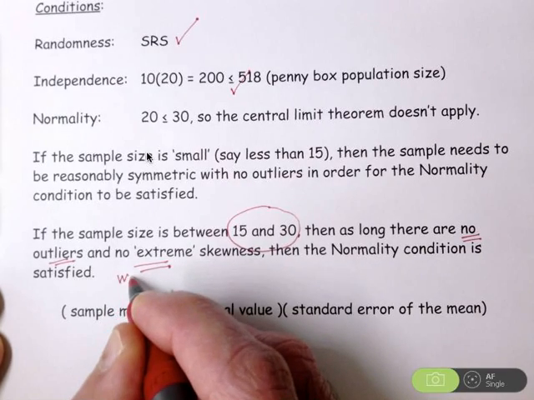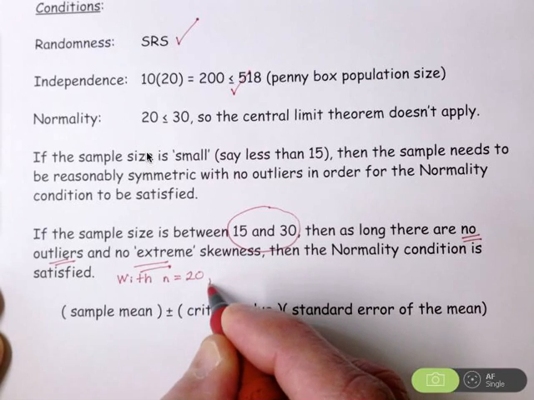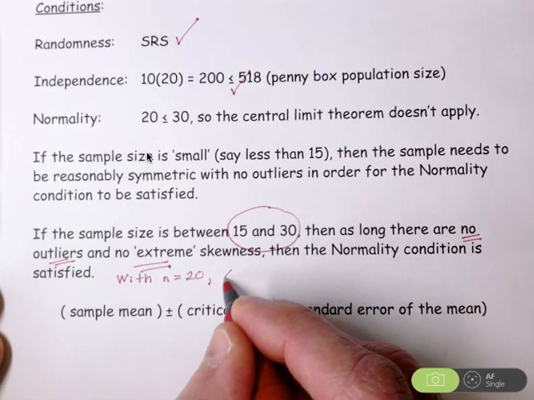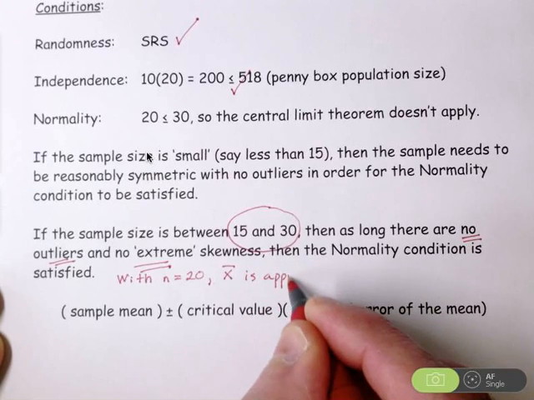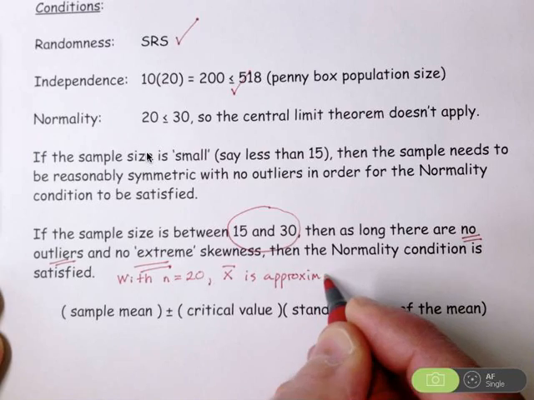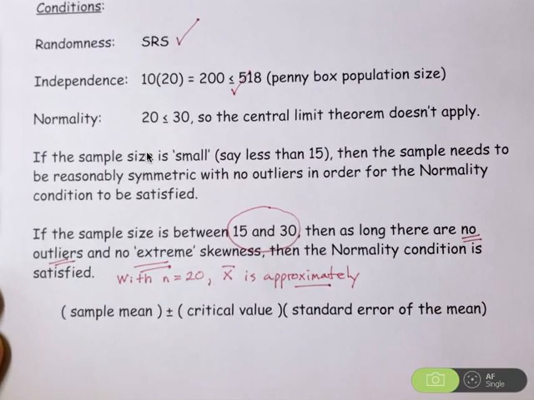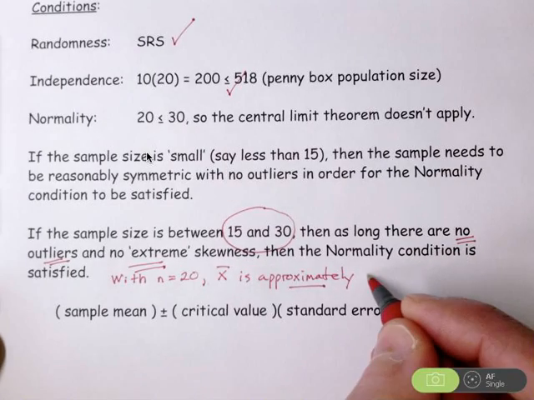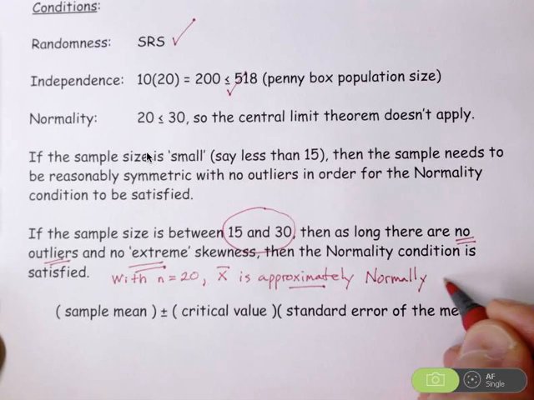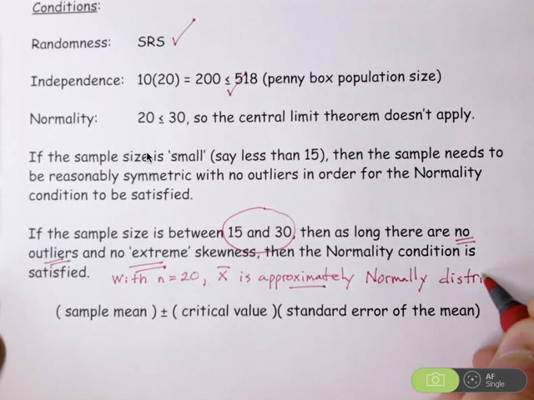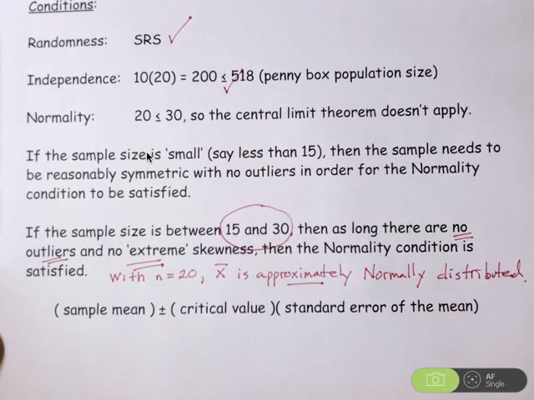So with n equal to 20, we can say that x bar is approximately normally distributed. That word approximately, though, is really important. It's approximately normally distributed. And now we can proceed.